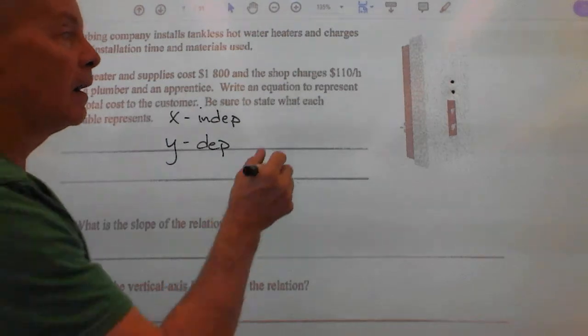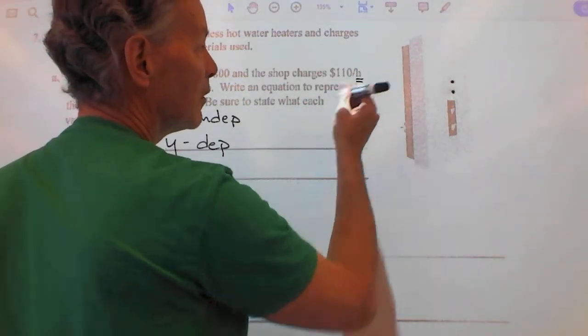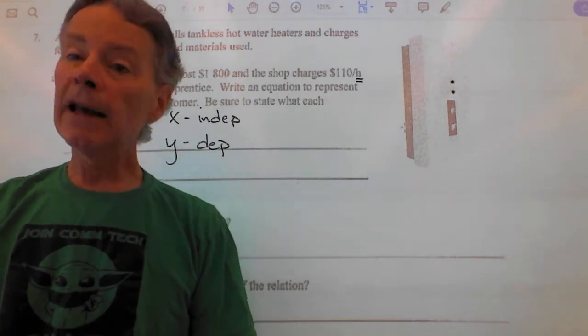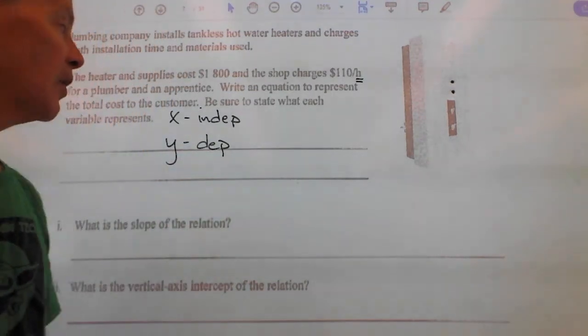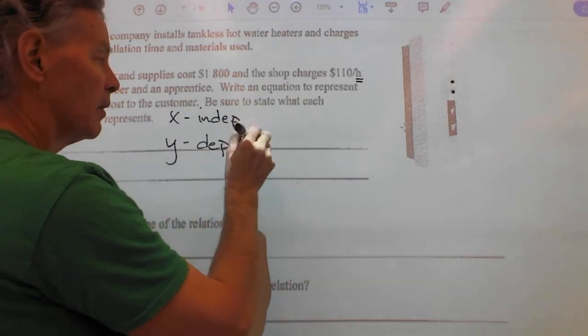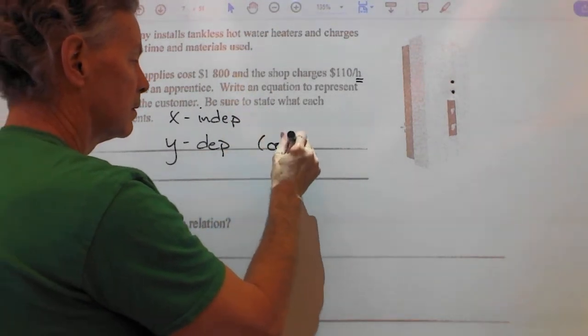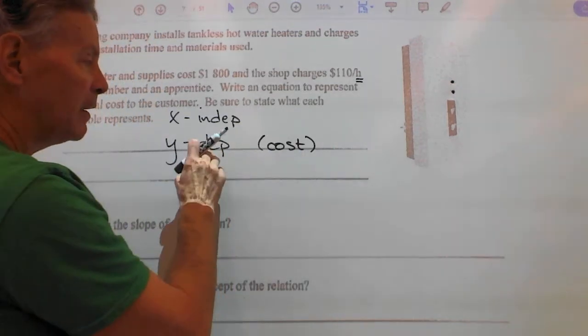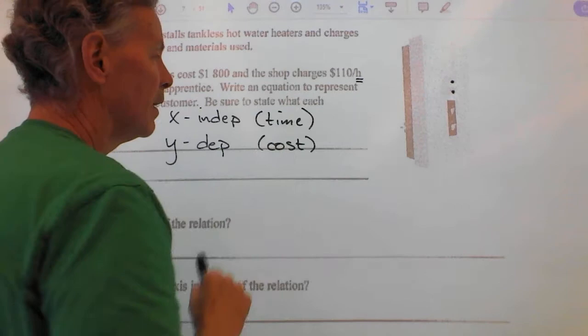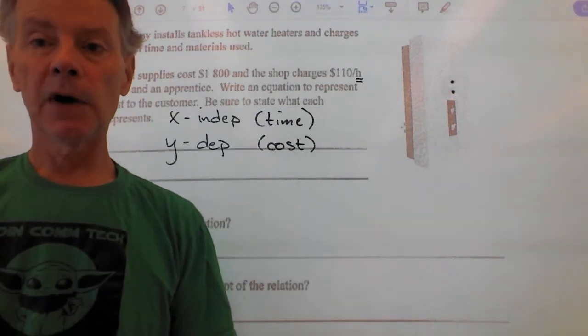Well, the amount of time it takes him to install is a time. Anytime you have a time, it's going to be your independent variable. The total cost is dependent on the amount of time it takes to install. Okay?